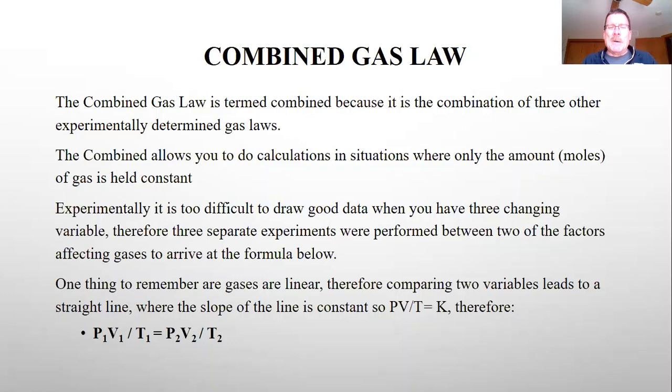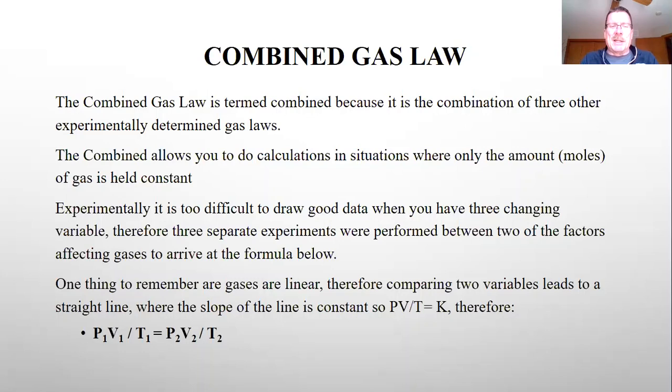One thing to tell you before we start and do math is that gases are linear. So when you compare two variables, whether it's pressure, temperature, volume, whatever, you are going to get a straight line. And the slope of that line is constant, so that's going to give you your value of going from a proportional relationship to an equality.